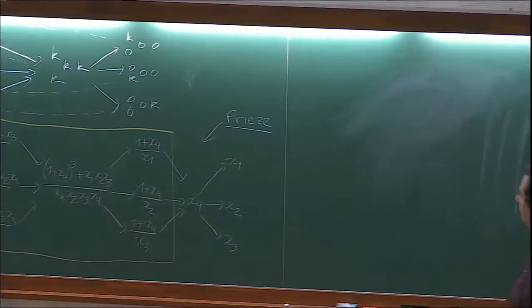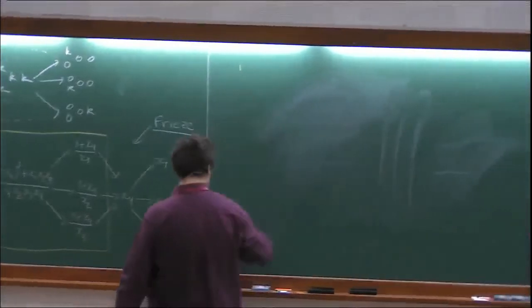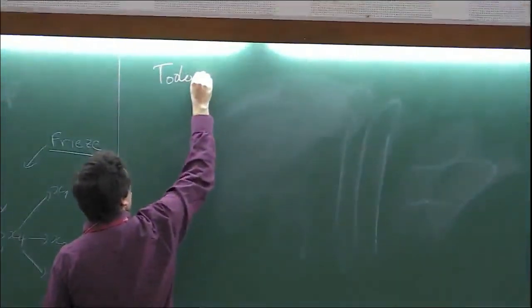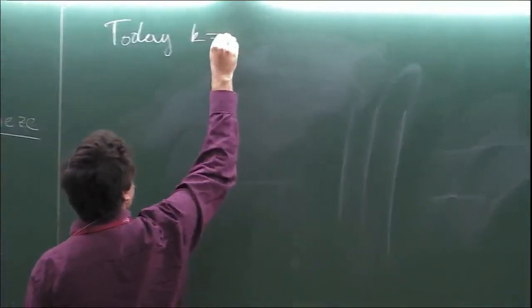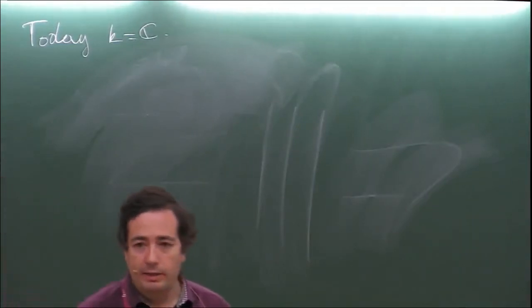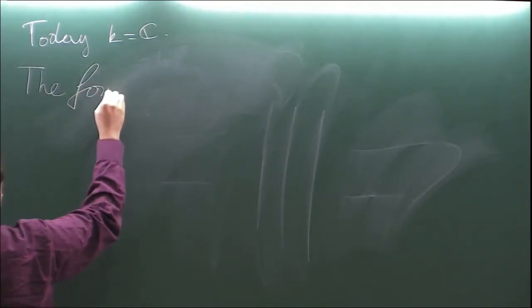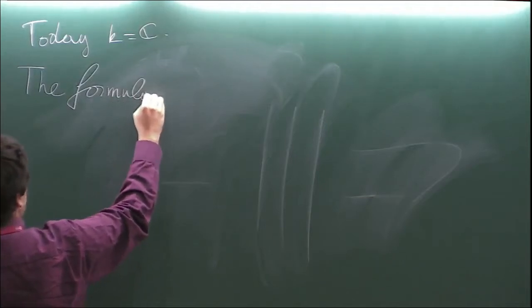Okay, so first of all, I will restrict a bit. Today, I will take k equals C. And then I will give you directly the formula, and I will compute an example with you. Oh, maybe I didn't put a title.